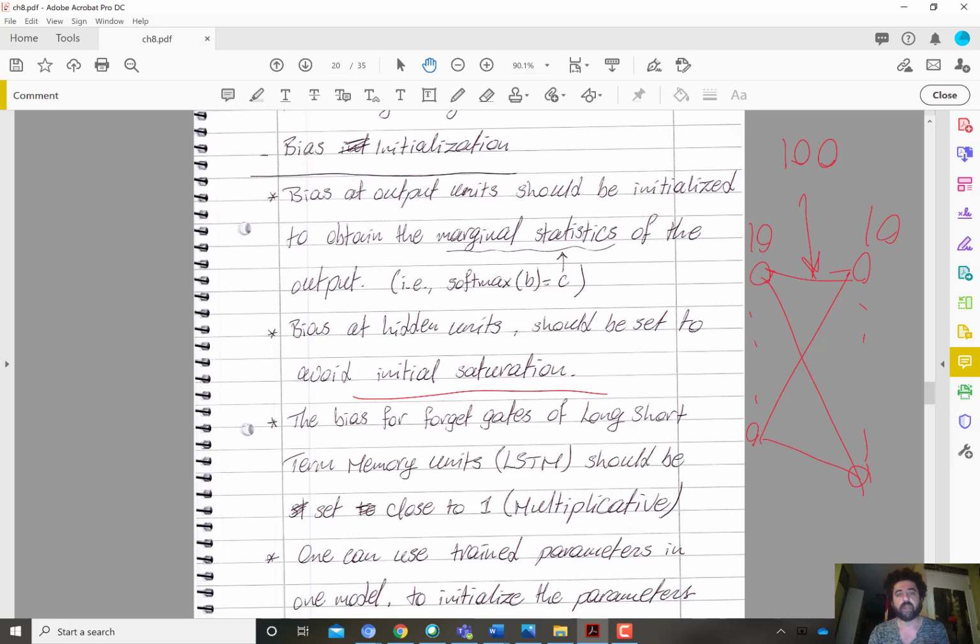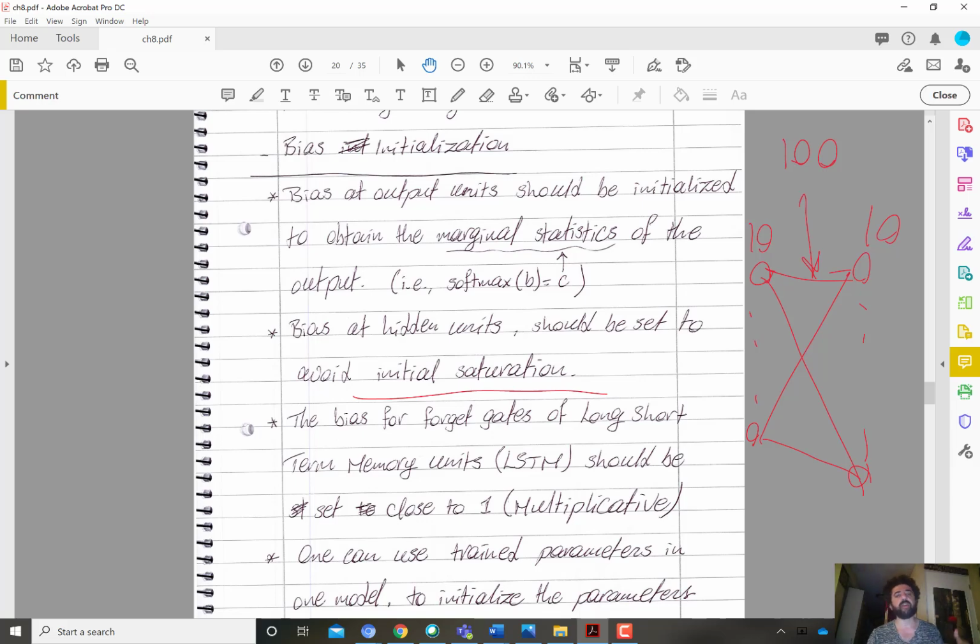And remember, saturation means that the sensitivity of the cost function to small changes in parameters is very small. So the bias should set these hidden units in a region where the cost function is sensitive to small changes in these hidden units, right?